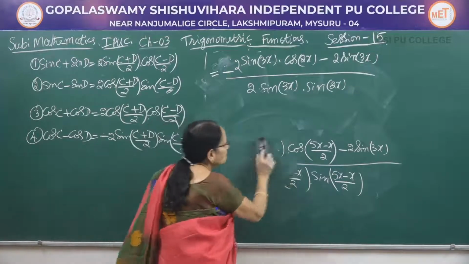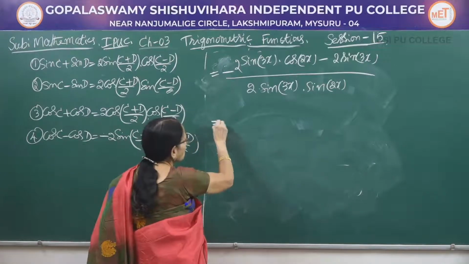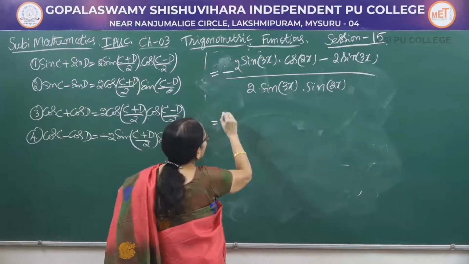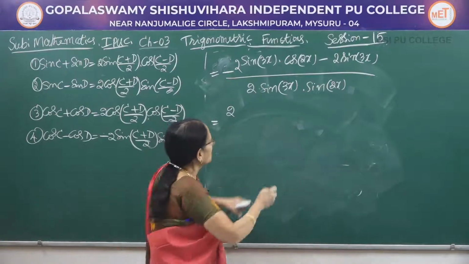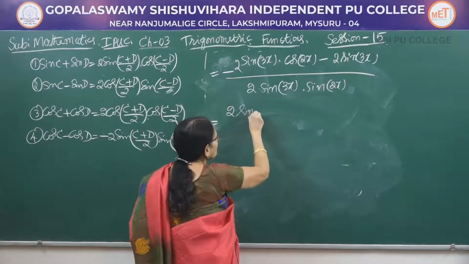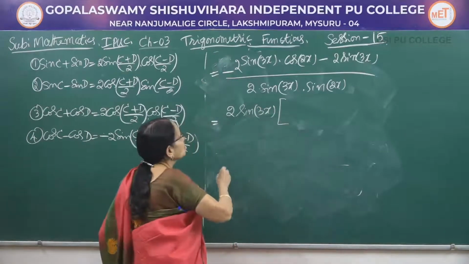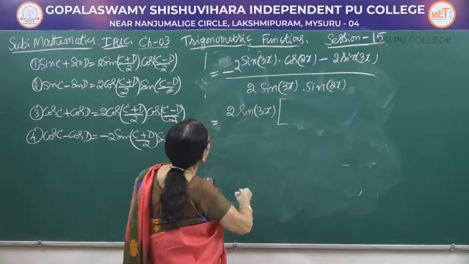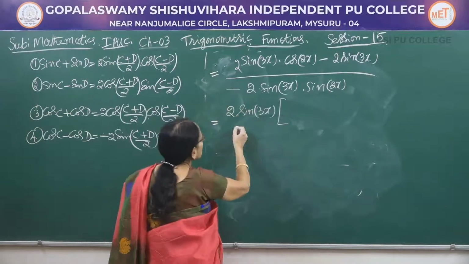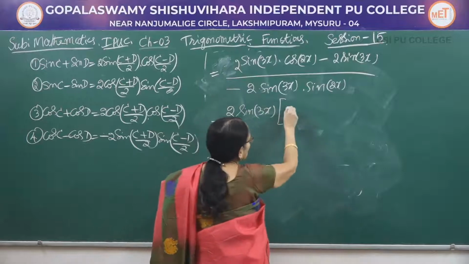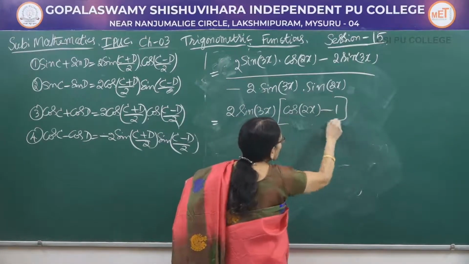Now let me take a common factor from the numerator, then see how you can solve the problem. First, take 2 as common factor, both the terms are having it, and another term is sin of 3x. Now this 2 sin 3x, when you take outside, it becomes cos of 2x minus 1.